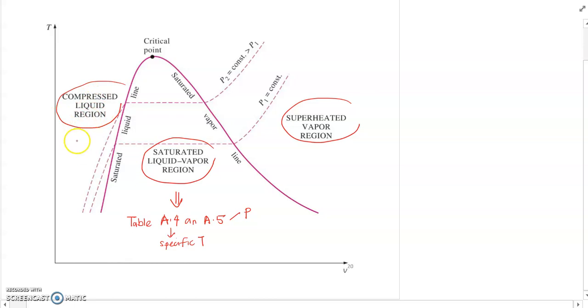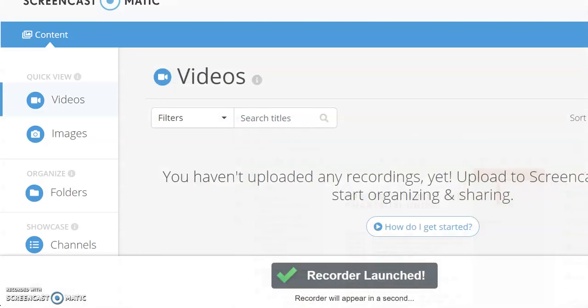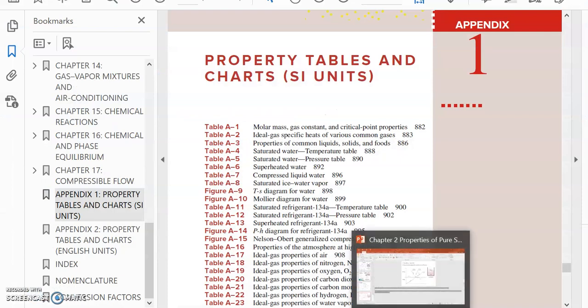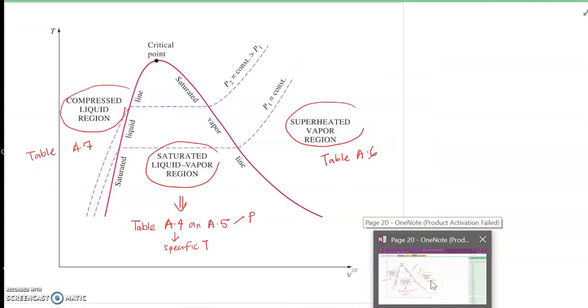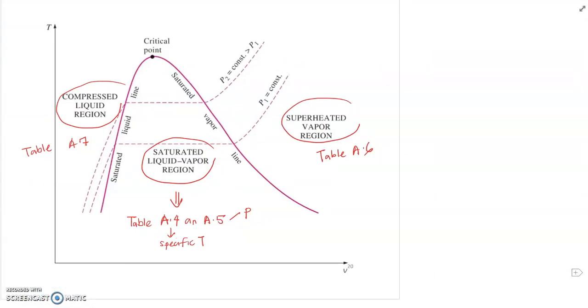The compressed liquid region is Table A7, and for the superheated vapor region you need to refer to Table A6. From that table, you can get the value of enthalpy, specific volume, and all the necessary information that you will use for your calculation.